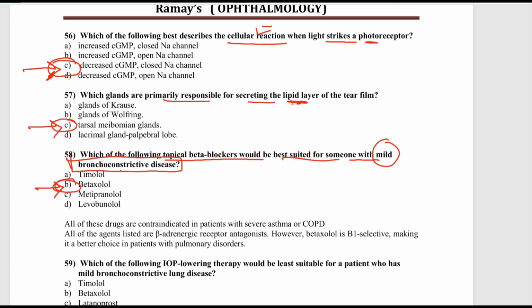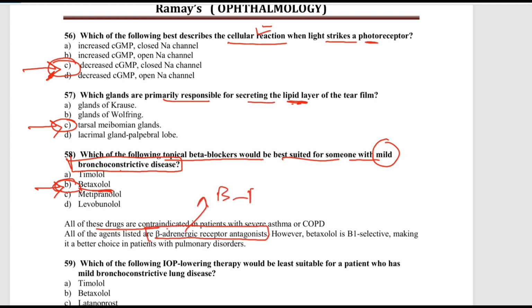Among these, look here, all of these drugs are contraindicated. We can say that all these drugs are contraindicated, but there is one drug with some safety level we can use in bronchoconstrictive disease, and that is betaxolol. All of these agents are adrenergic receptor antagonists, beta blockers.